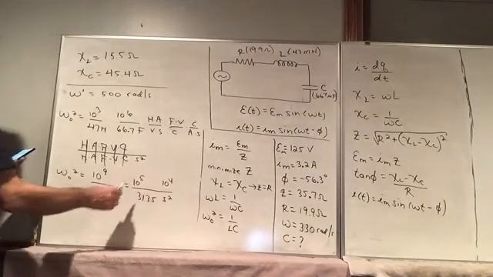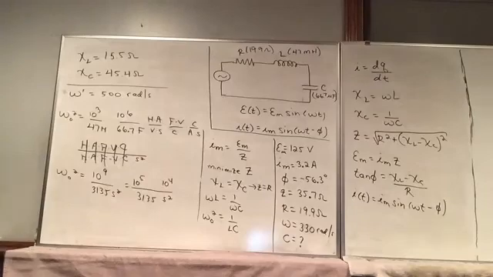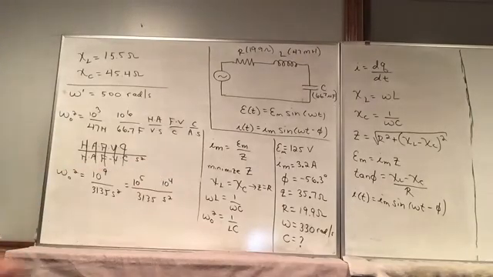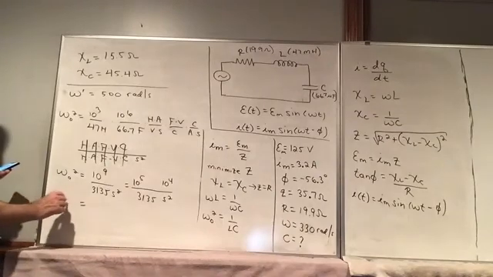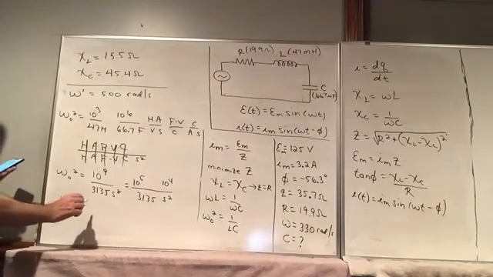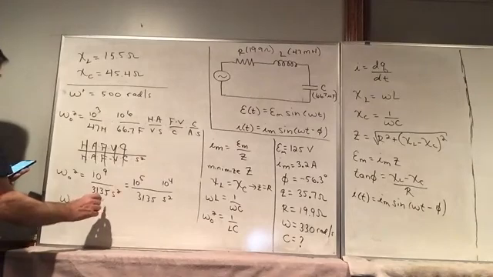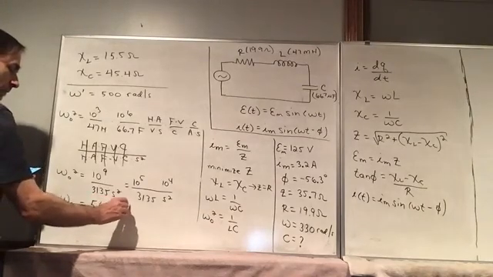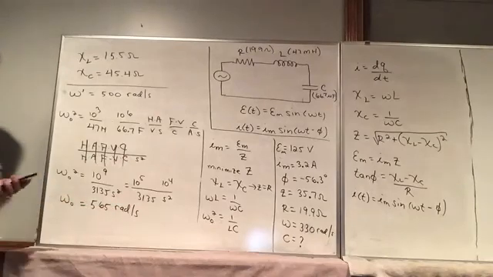And then if we take the square root of that, the square root of 10 to the 4th is 100. So I'm just going to take the square root of 31.9 and then multiply by 100. So omega naught would be 565 radians per second.